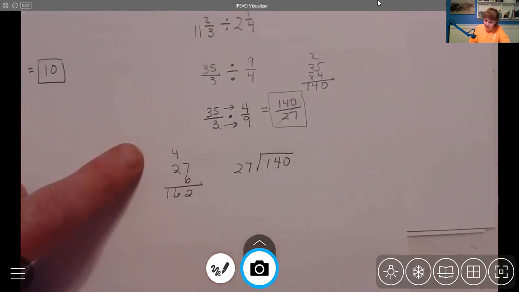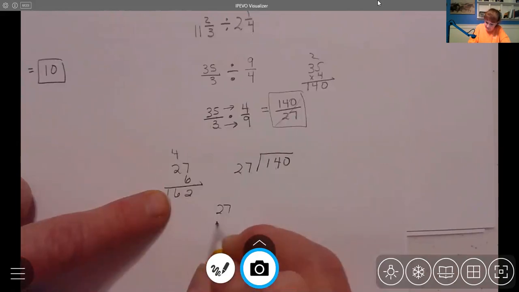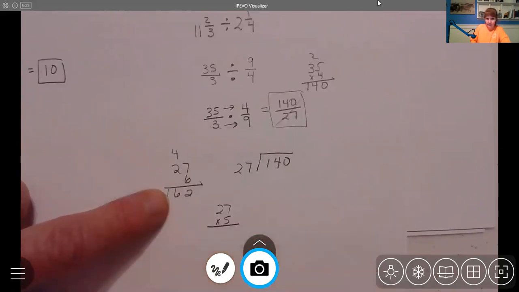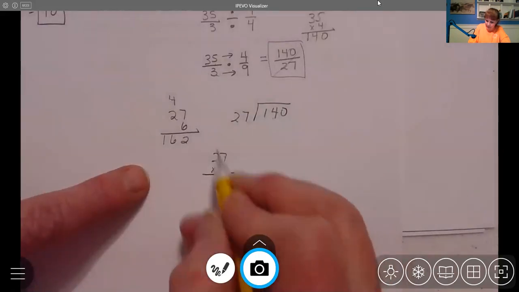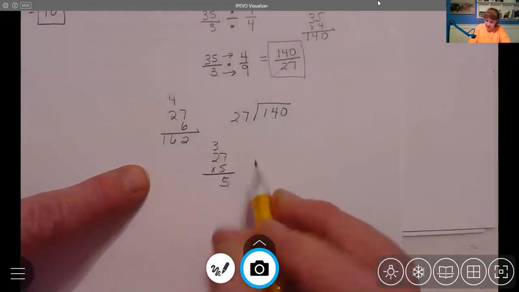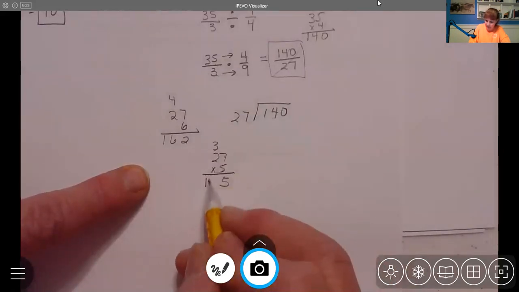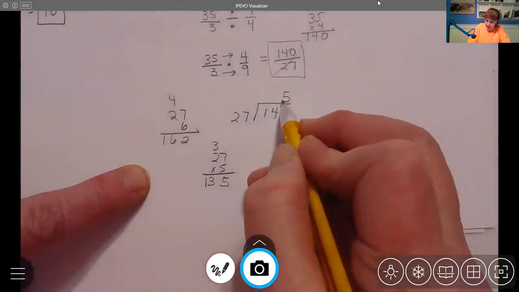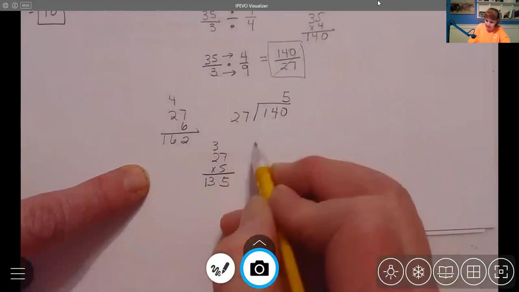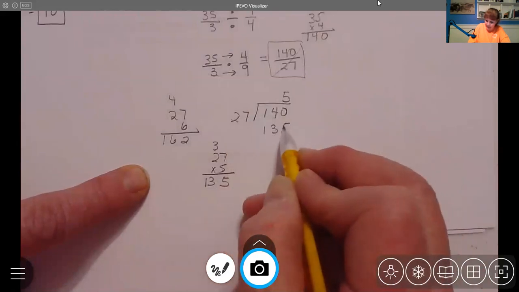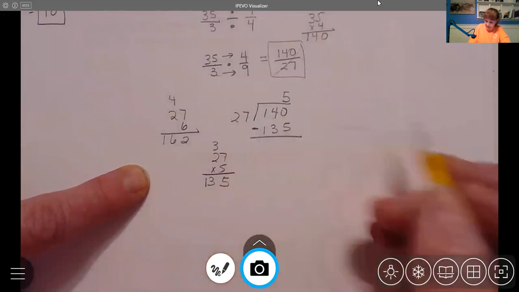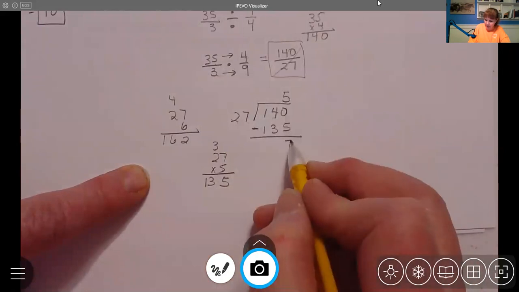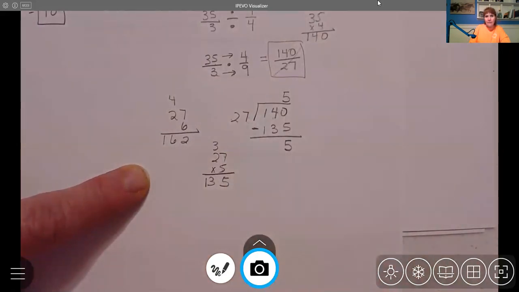So let's try 27 times 5. That gives you 135. So that looks like we've got it. 5 times 27 is 135. Subtract them, you have a remainder of 5.